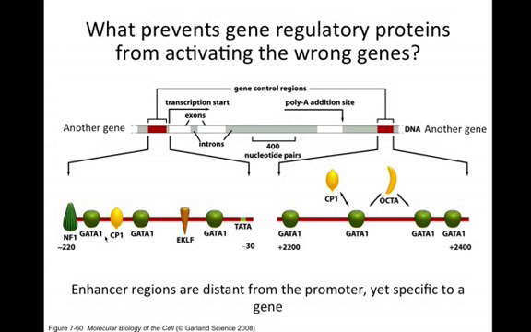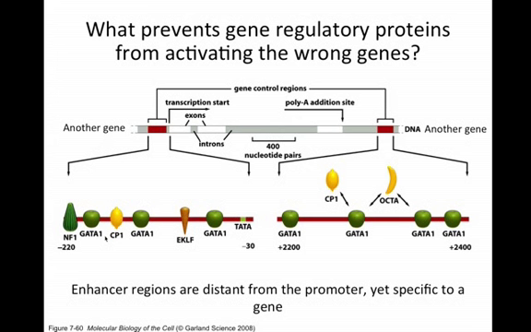So the question is, what prevents gene regulatory proteins from activating the wrong genes? Right? You've got your gene here, and then you've got a regulatory element here. You might have another regulatory element here. It can be all over the place, right? What keeps it to activating the gene that it should activate versus running amok and activating other genes?